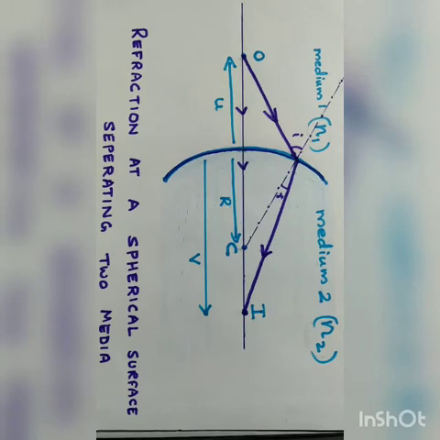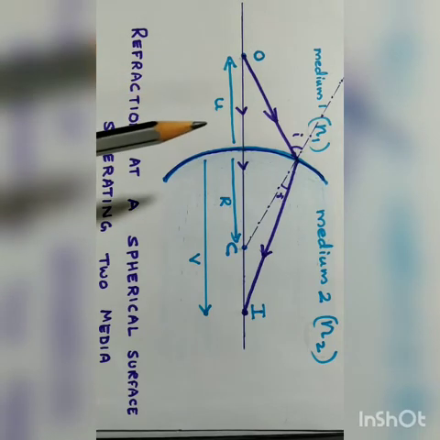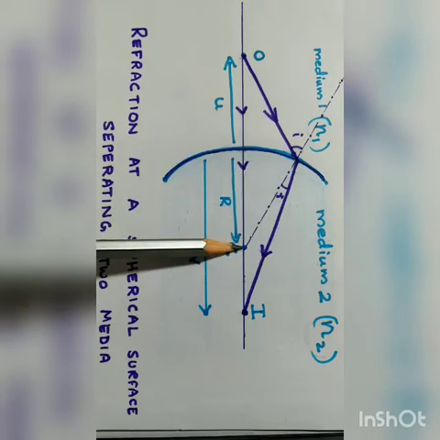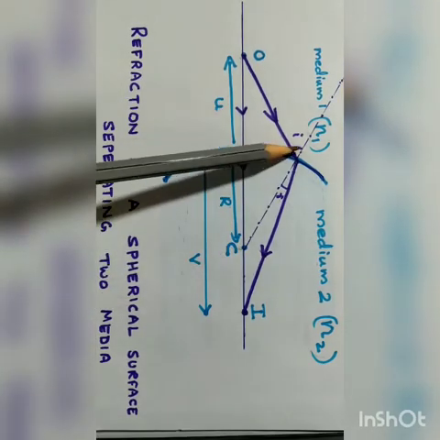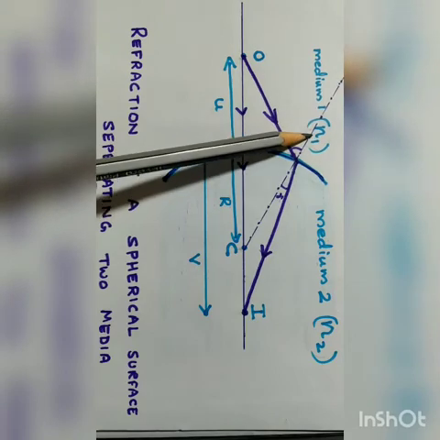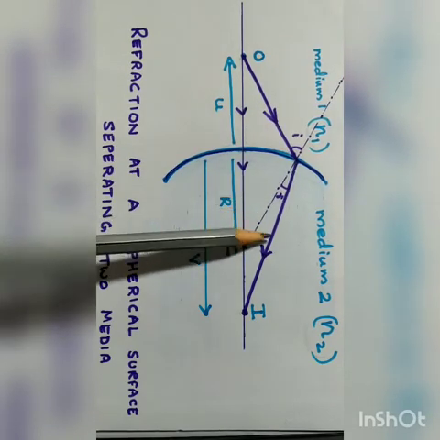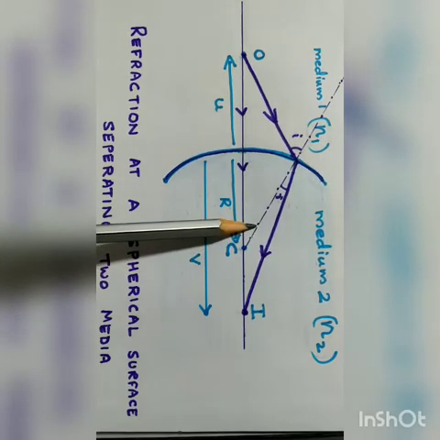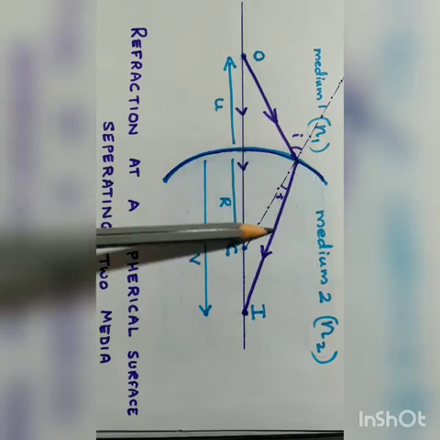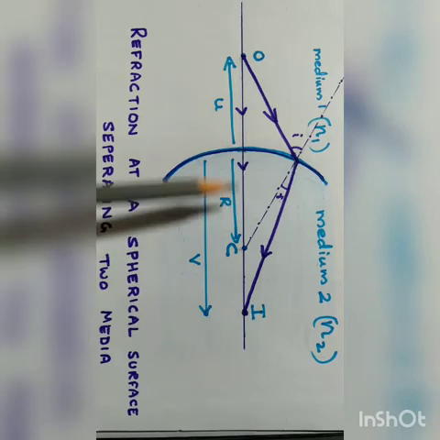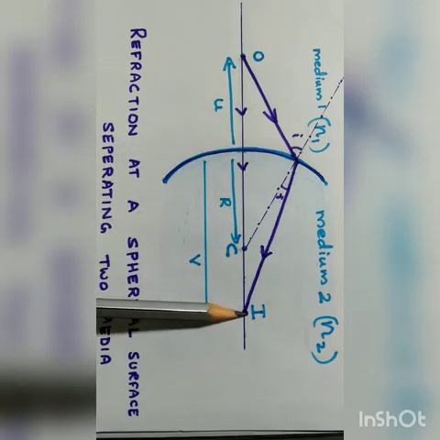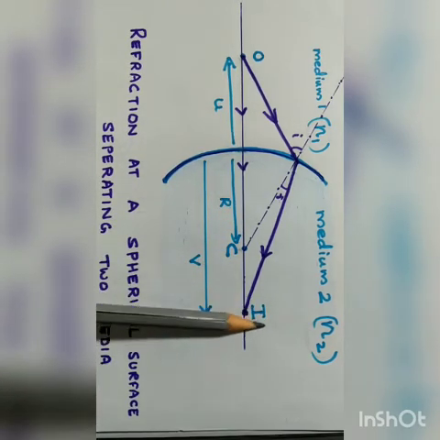Now how do you find out the normal? We have already studied that the normal is the line passing through the center of curvature. So this is the angle of incidence, the angle between the normal and the incident ray. This is the angle of refraction, the angle between the refracted ray and the normal. And the refracted ray and this straight line meet over here and you get the image here.